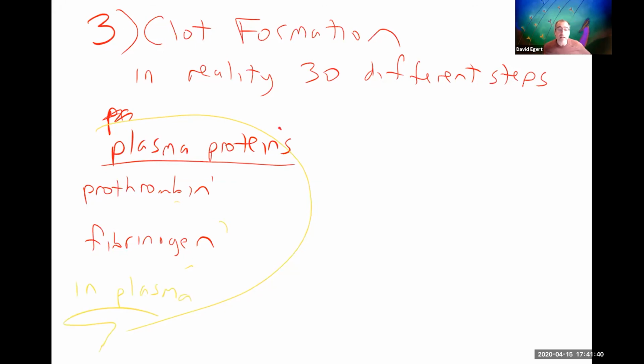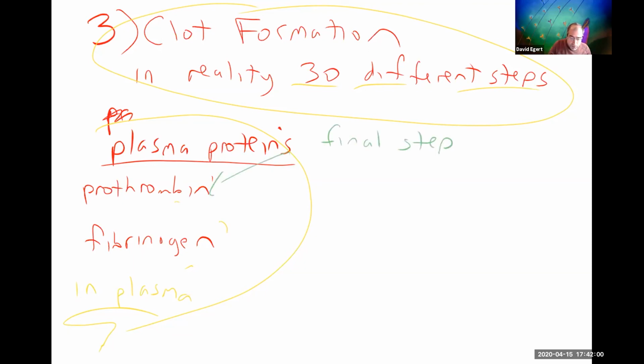Normally they're soluble, just dissolved in the plasma, zipping around. During clot formation there are a bunch of different steps, but the final step is that prothrombin, which has been there all along, gets converted into thrombin.